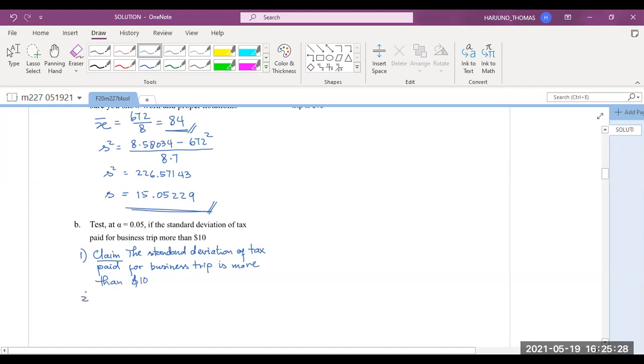So step 2, hypothesis. The standard deviation more than 10. Oh, so that's the alternate hypothesis. The null hypothesis, therefore, is the complement of that. This is our claim. Still, the alternate hypothesis is the claim in this case, and it is a right tail.